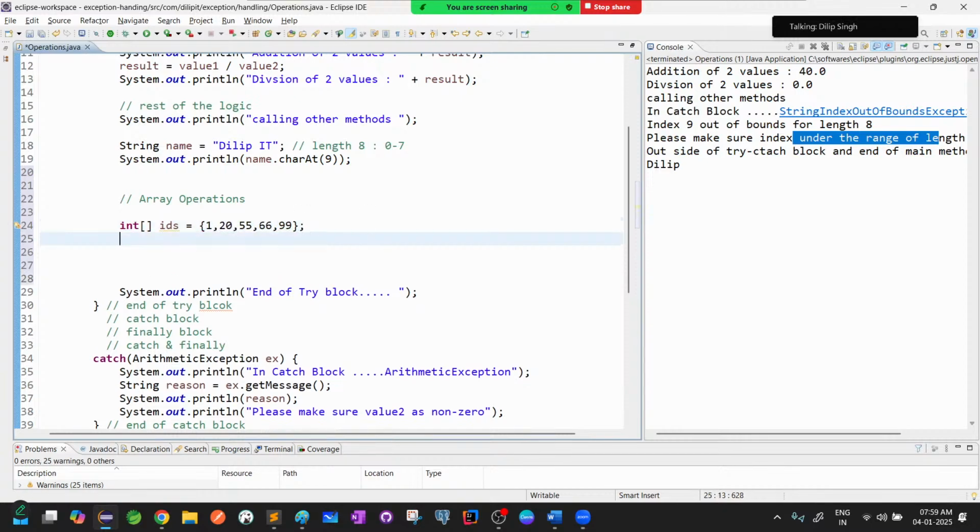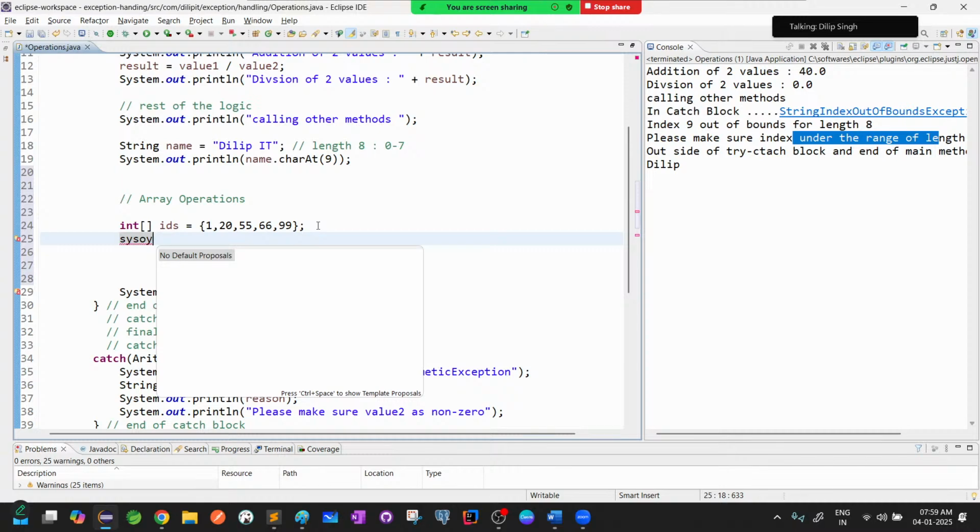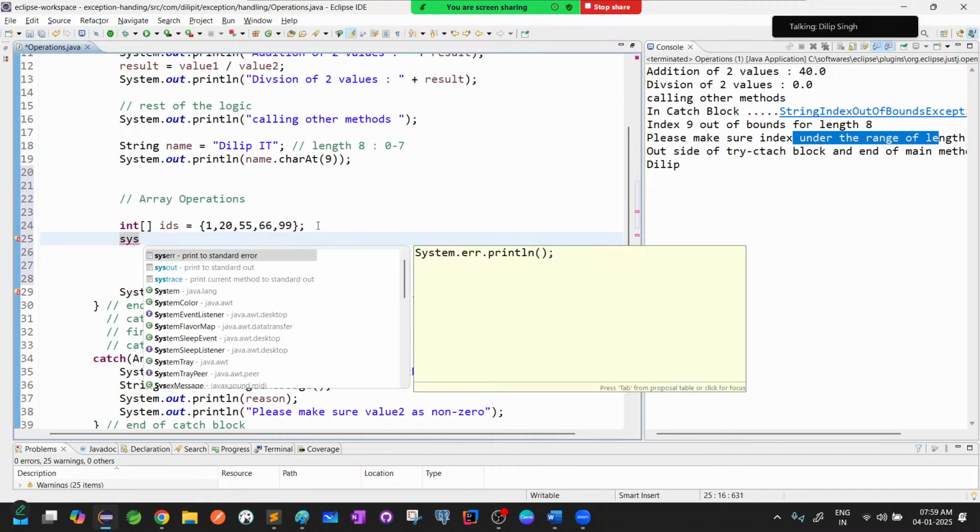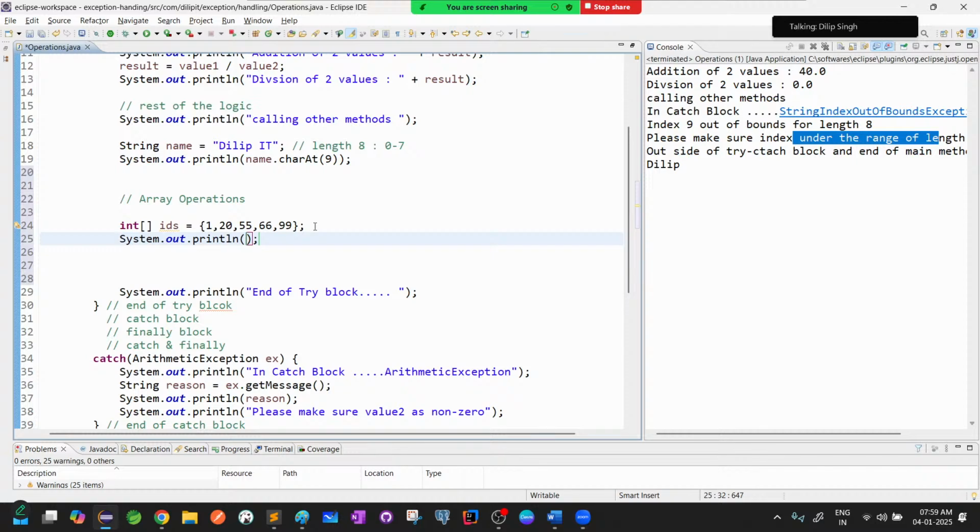Cool. Now again here, whenever I'm trying to read values from the array, there is a possibility. What is that? Length is 5, so that means index 0 to 4. Until index 4, between 0 to 4, there is no exception. Right? I can also use 4. So what will happen? 99 will be printed in this case.